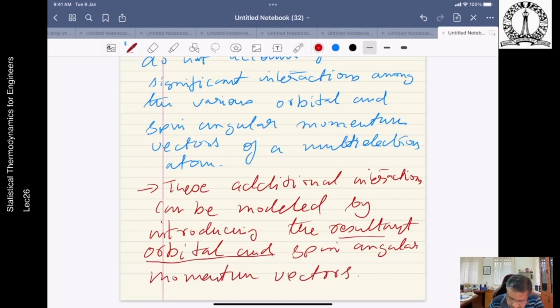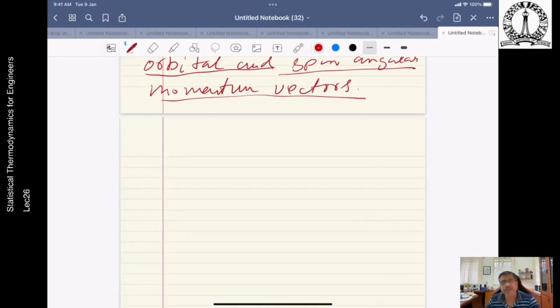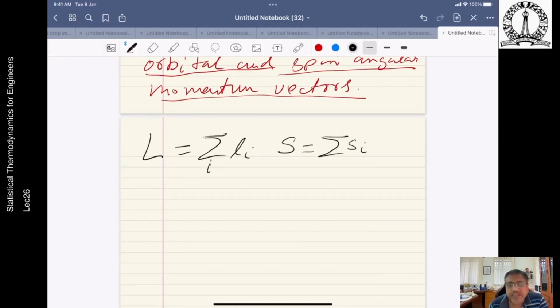So this means L is the summation of Li over i, and S is the summation of Si.